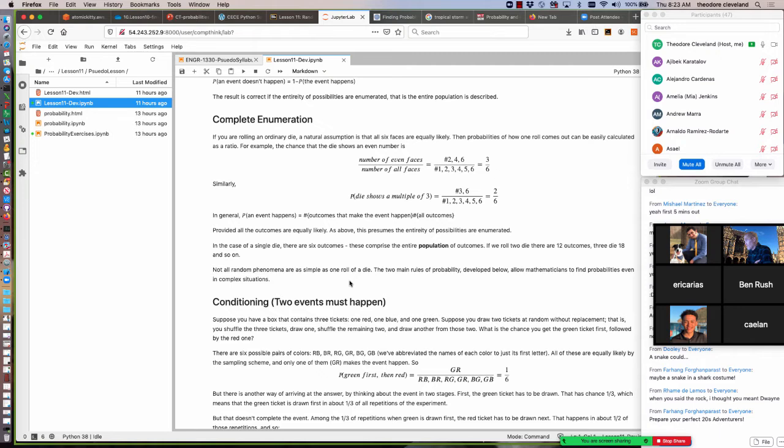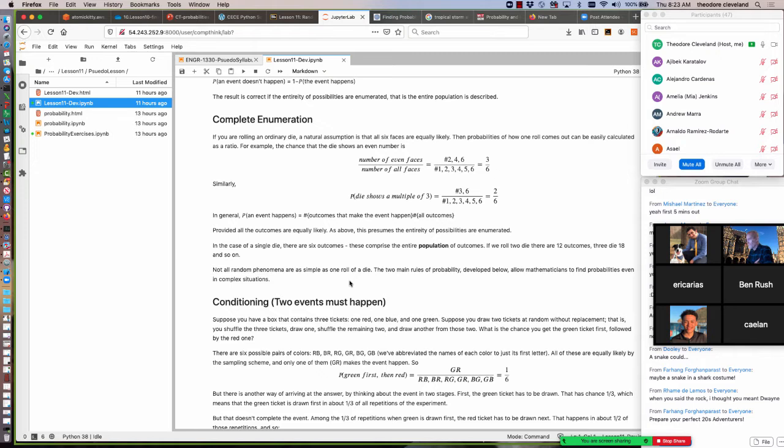Mostly what we mean by multiple of 3 is, can you divide it by 3 and get a remainder of 0? So 1 divided by 3 has a remainder of 1. 2 divided by 3 has a remainder of 2. 3 divided by 3 has a remainder of 0. So 3 is a multiple of 3. 4 divided by 3 has a remainder of 1. 5 divided by 3 has a remainder of 2. And 6 divided by 3 has a remainder of 0. So 6 is a multiple of 3.